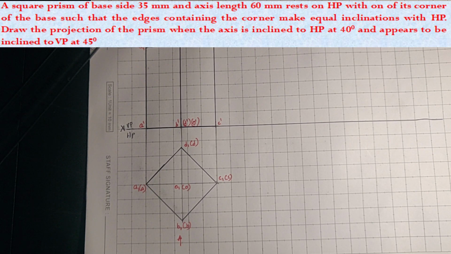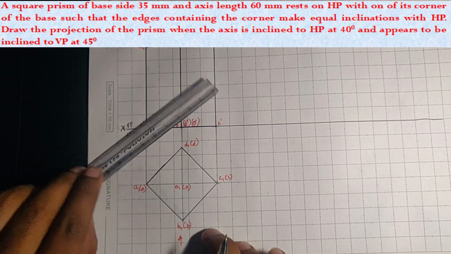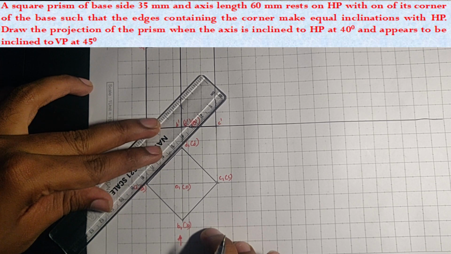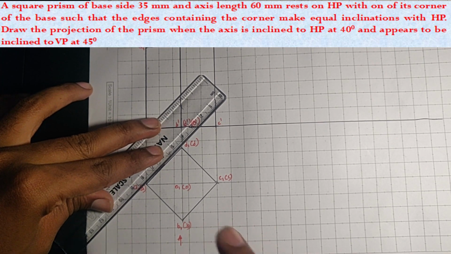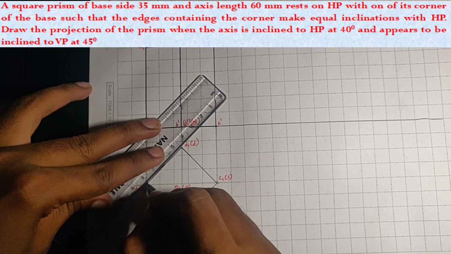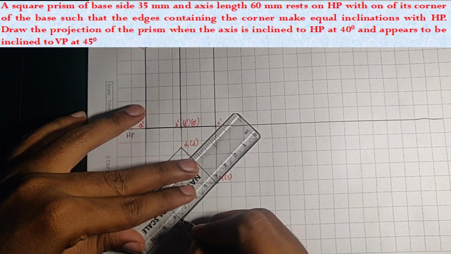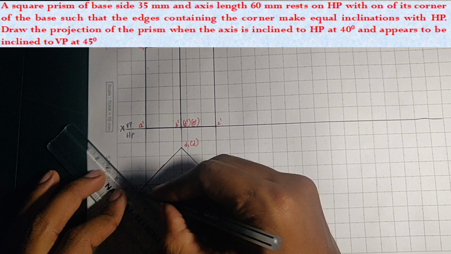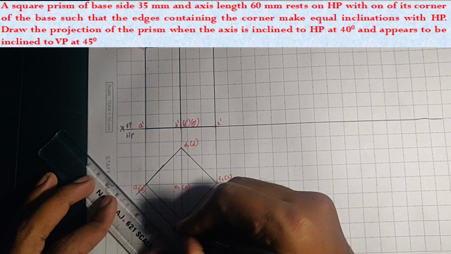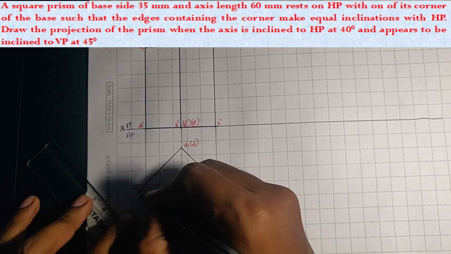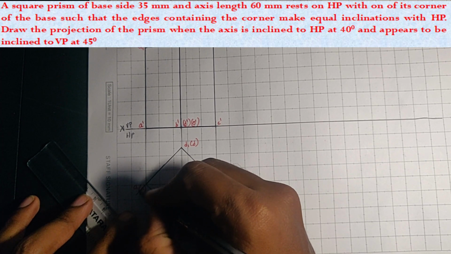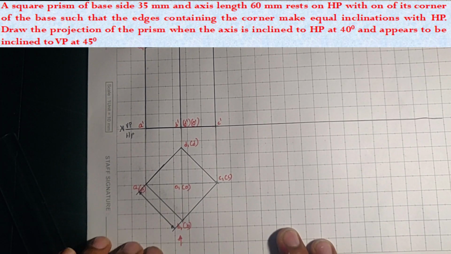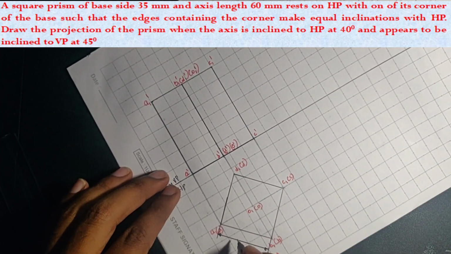Before moving on, I need to dimension this first of all. Without dimensioning, whatever data they have given here, you need to dimension this. So I'm going to dimension. Dimension this as 35.